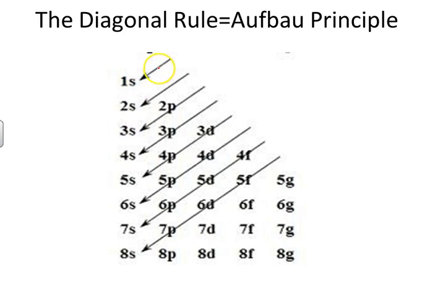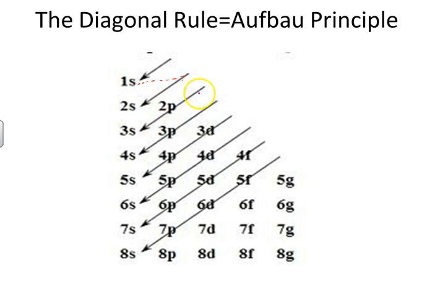The way this is read is we start with 1s. After 1s, we go to the next arrow, to 2s. After 2s, we're going to go to 2p and 3s. After 3s, we go to 3p and 4s. Then after 4s, 3d. So when we get to the end of an arrow, we go back to the tail of the next arrow down.